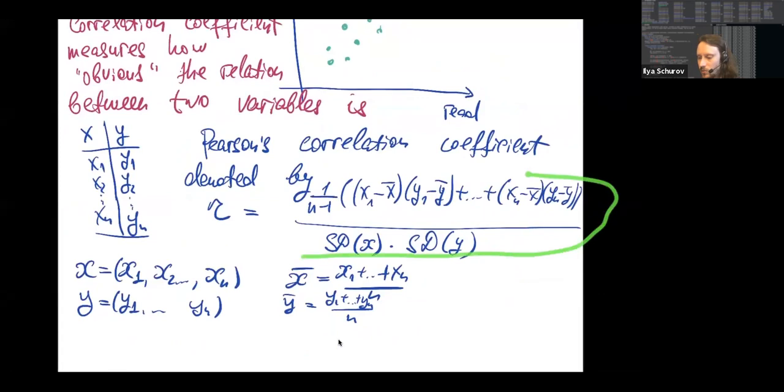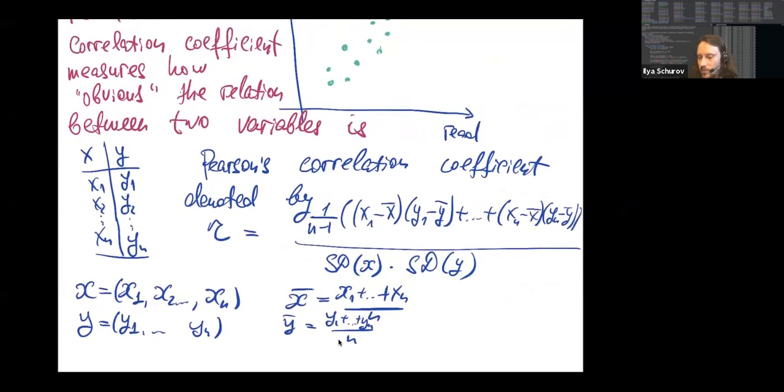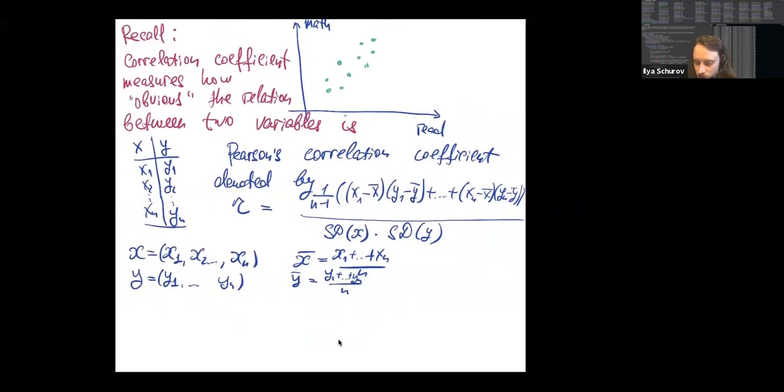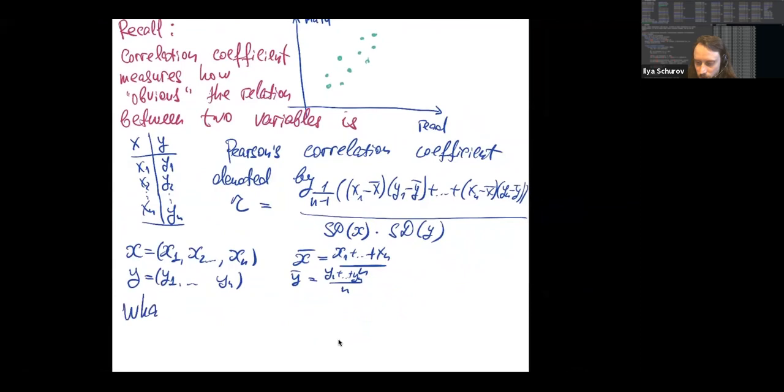Let us look at this formula. What happens with it if, for example, I multiply all values of x by 10? So what happens with R?